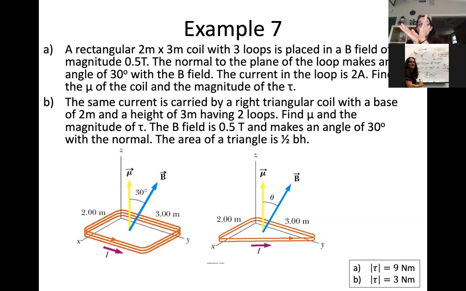We can create a torque, and it's going to do so that mu lines up with B. So this whole thing is going to tilt so that mu lines up with B. That's the direction of it. So there's my B field. My mu is pointing up this way. It doesn't want to point that way. It wants to line up with the B field.